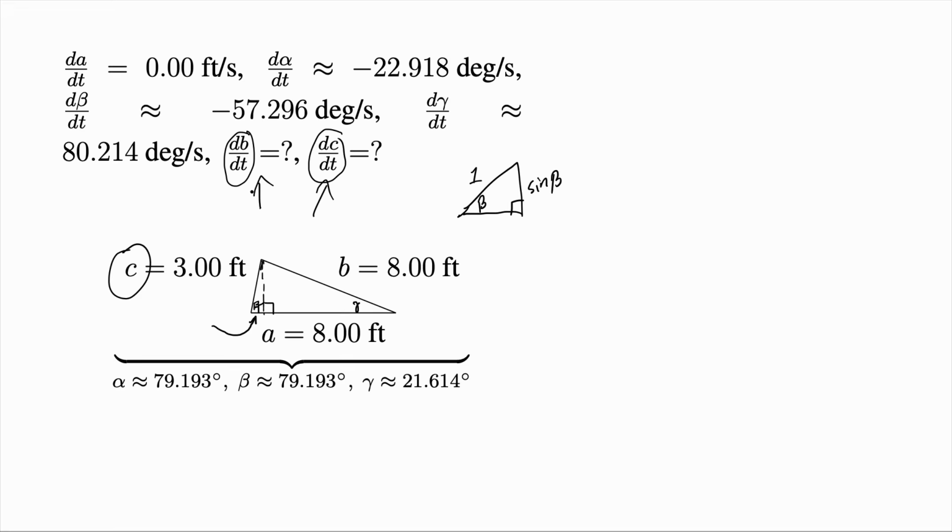All of these things can change. So this side length, the height of the triangle, is C times sine beta. What's another way of thinking about it?